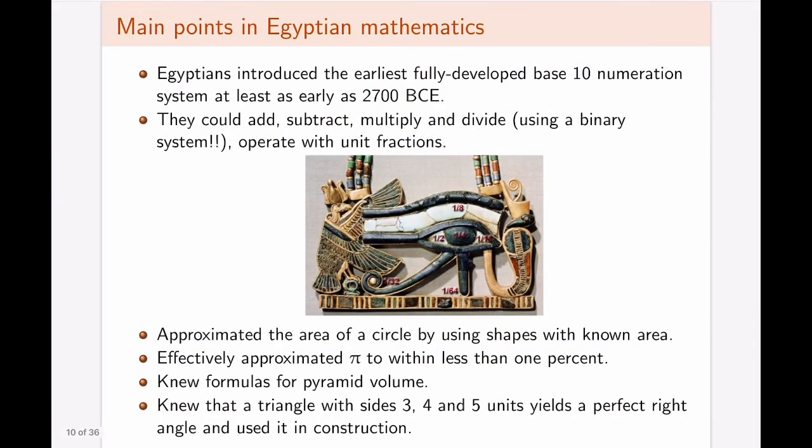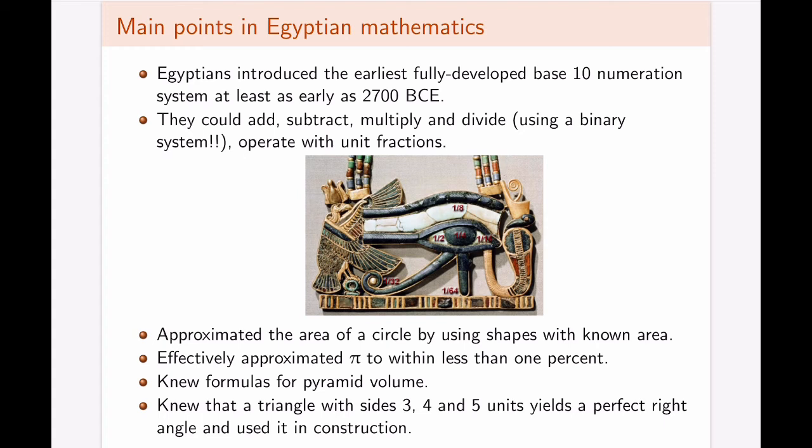Egyptian mathematics really rose to its purpose in a variety of ways. This is the earliest fully developed base 10 system. You noticed on the previous slide that everything was base 10. Every symbol corresponded to a power of 10. The Egyptians could add, subtract, multiply, and divide using a binary system, which is kind of amazing.